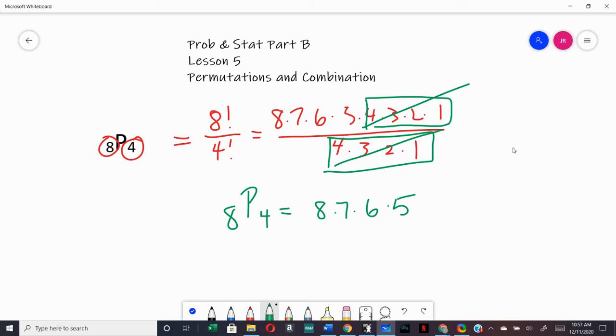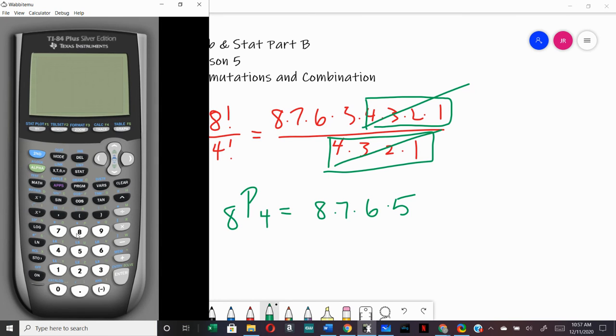And that's what I'm going to multiply on my calculator. And so we're going to go 8 times 7 times 6 times 5. And that's 1,680.